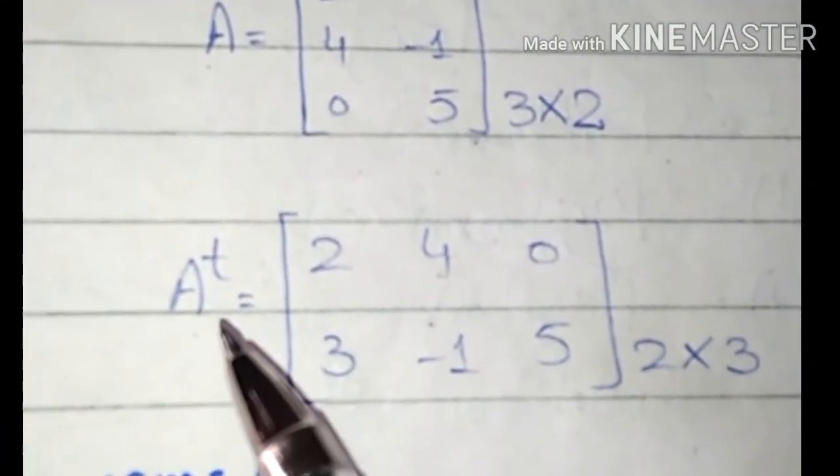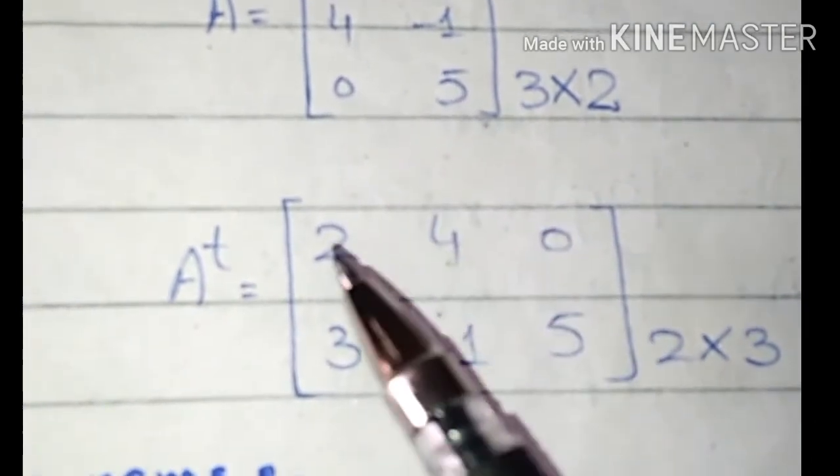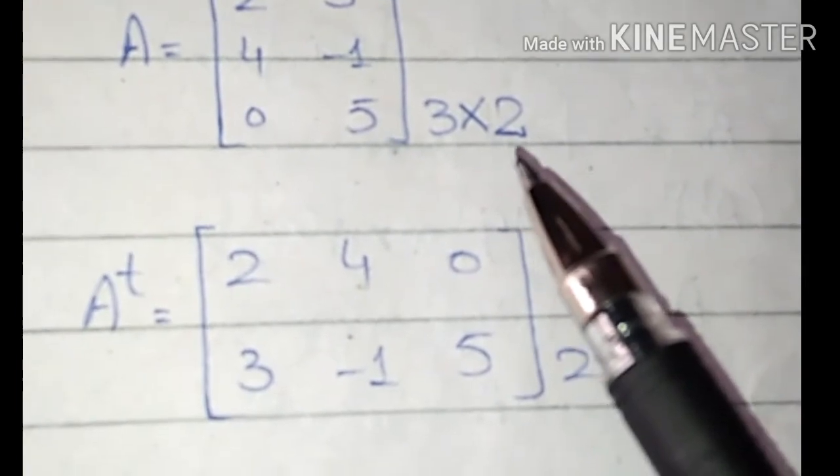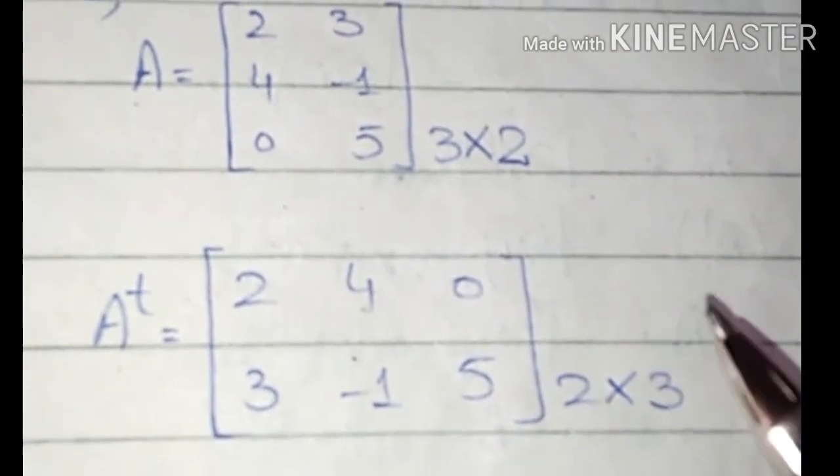So the transpose of matrix A is: 2, 3 is a row, and we can change it into a column 2, 3. 4, minus 1 is a row and 4, minus 1 is a column. 0, 5 is a row and we can change 0, 5 into a column, and order is also reversed, 3, 2, and it's 2 cross 3, which is the transpose of matrix A.